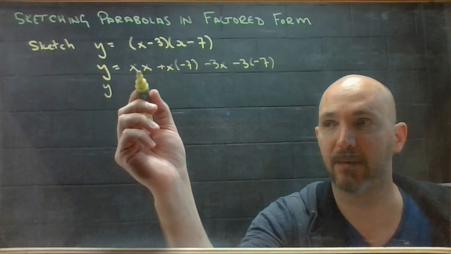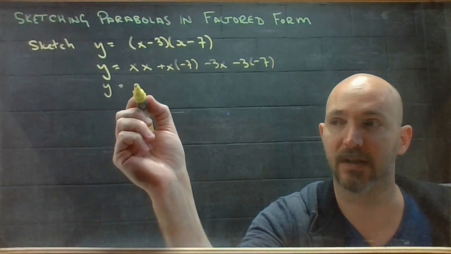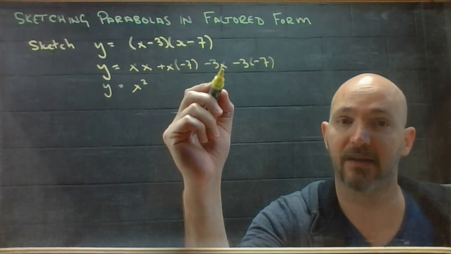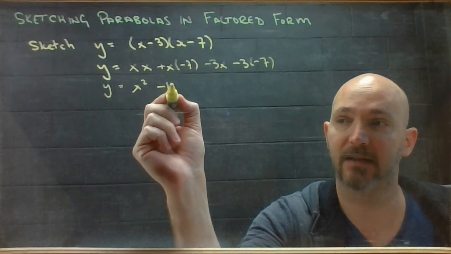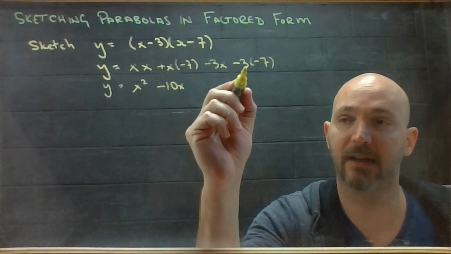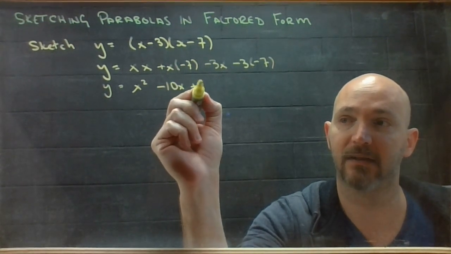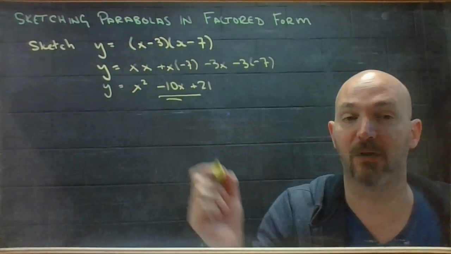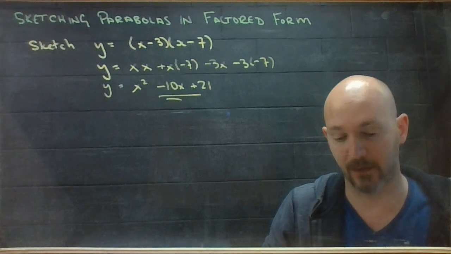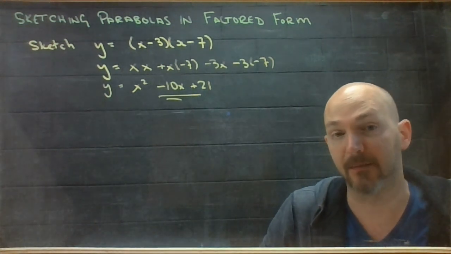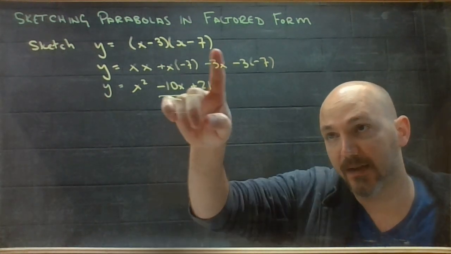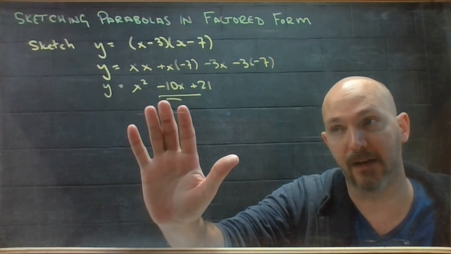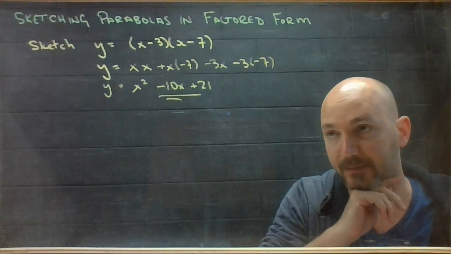Now that leaves me with an x times an x, which is an x squared. -7x's minus 3x's is -10x's. And -3 times -7 is 21. And there you have the equation of a parabola in standard form, which we have been sketching. So this format does indeed make the parabola pattern, just like what we're used to.